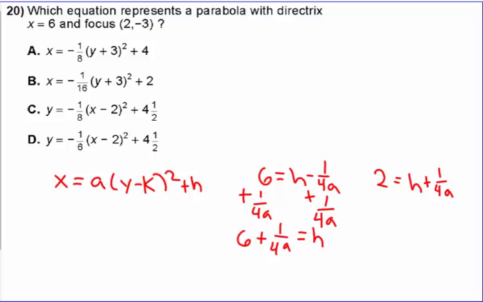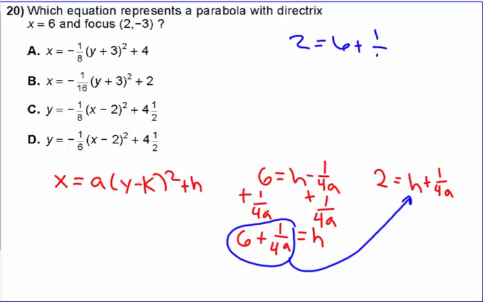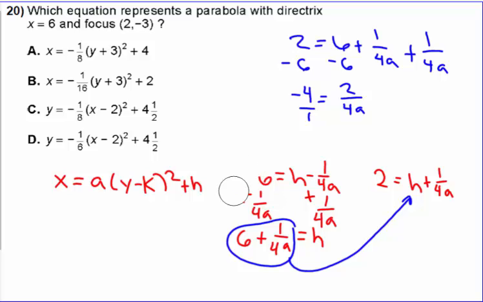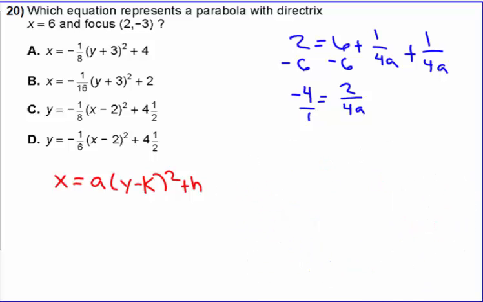So now I'm going to take that 6 + 1/(4a) and plug that in for h into the other equation. So we subtract 6 from both sides and we have −4 = 2/(4a), which we could reduce if we wanted to, or we can just think of this as cross multiplication and end up with −16a = 2.